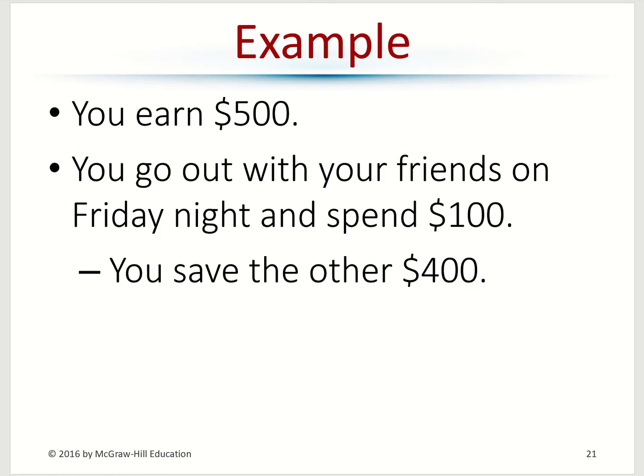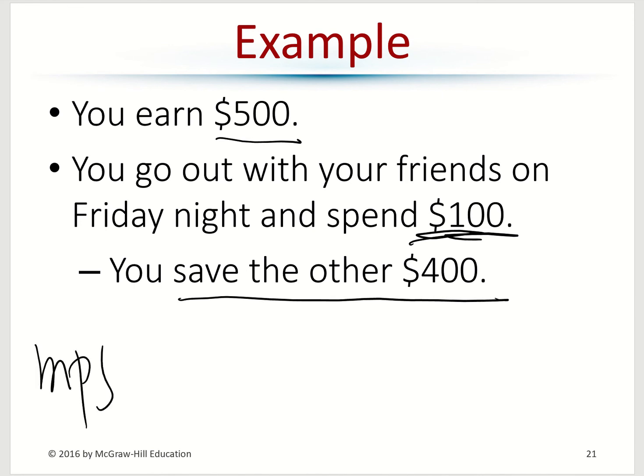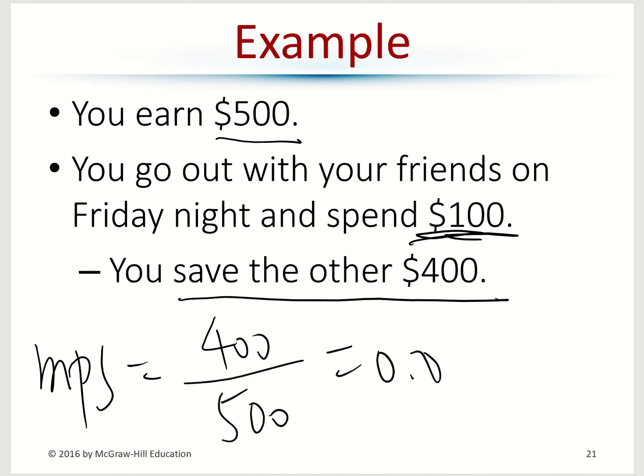So for example, the one we had before: if your income increased by $500, and you're going to spend $100, that also means you're going to save the other $400. So what's your MPS? Your MPS equals the $400 saving divided by $500 income. That should be 0.8. Okay, so 0.8 is your MPS.